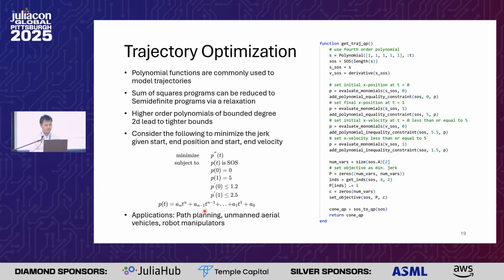So you just need to increase the order of the polynomial in order to get something that's feasible. Sum of squares programming uses this idea of the Lasserre hierarchy. You may have heard of that, and it also goes by the name moment SOS. The applications of this are path planning, UAVs, and robot manipulators.